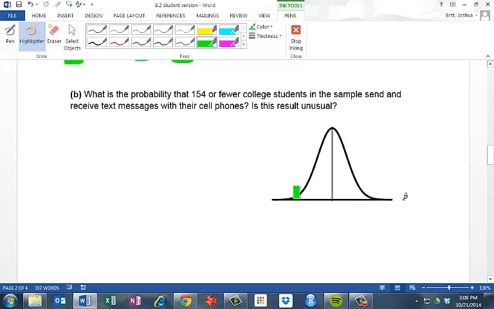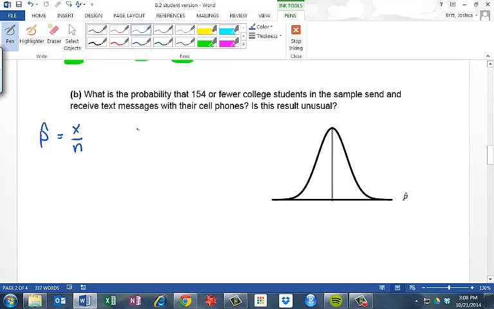Part B, what is the probability that 154 or fewer college students in the sample send and receive text messages with their cell phone? So what this is saying is that out of the 200, what is the probability that 154 or fewer? Now remember, P hat is X over n.